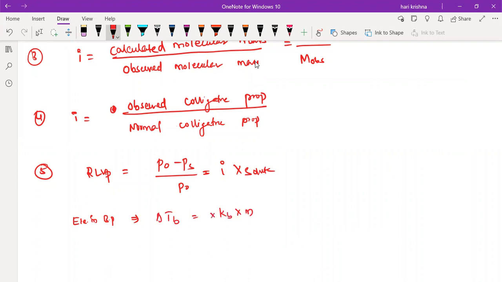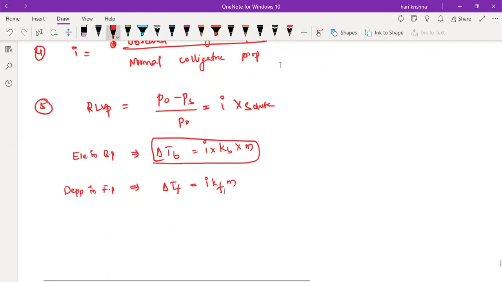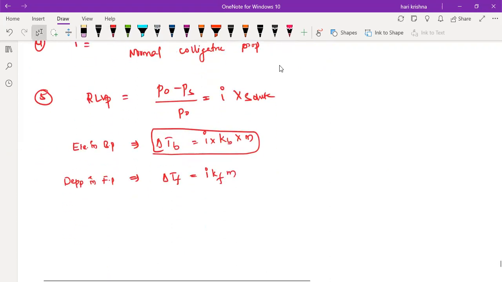Just add one more i here. That's all the difference. Same for depression in freezing point: delta Tf equal to i Kf m. Next, osmotic pressure: pi is equal to iCRT. That is the osmotic pressure.